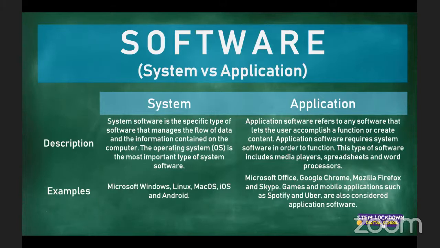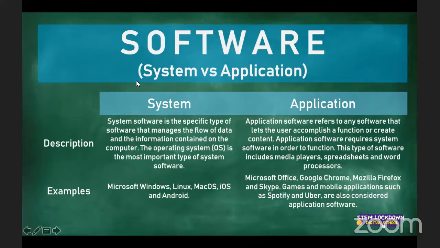Cool. Then we get something called application software. And this refers to any software that lets the user accomplish a function or create content. Cool. So this application software requires system software in order to function. So let's think about that. Would you be able to use an application software, let's say for an example like Word, if we didn't have some sort of operating system?